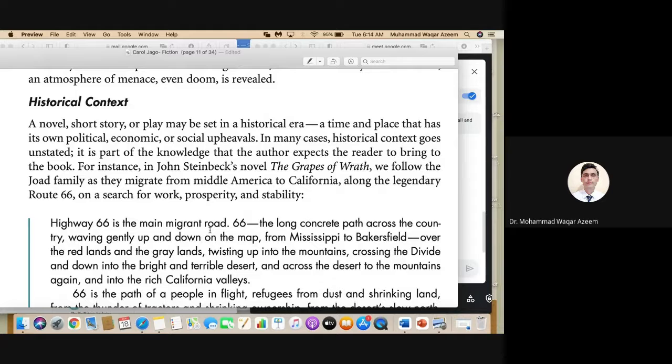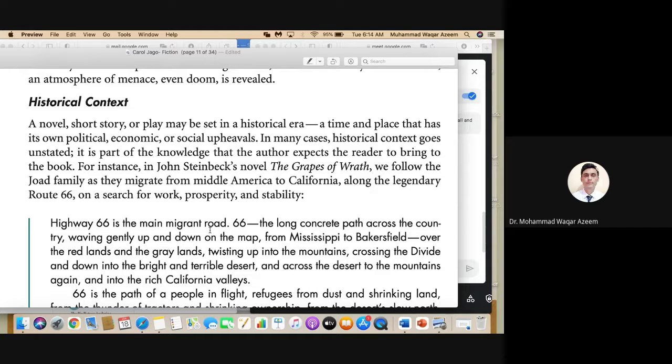Now we come to another feature in a literary text. It is called historical context. Okay. So prose fiction, or fiction for that matter, is very often situated in a particular historical era. It's very common practice with almost every other novel that you pick up.